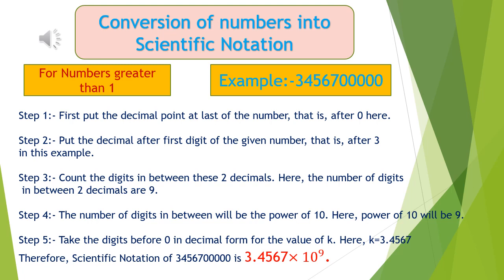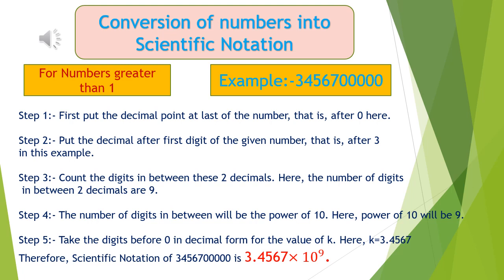I am counting and you have to count along with me. 1, 2, 3, 4, 5, 6, 7, 8, 9. How many digits is it? 9 digits. So step number 4 says the number of digits in between these decimals will be the power of 10. It means your value of n will be 9.